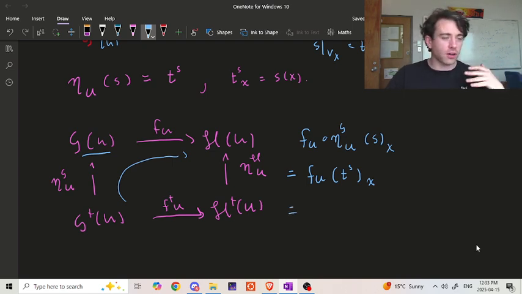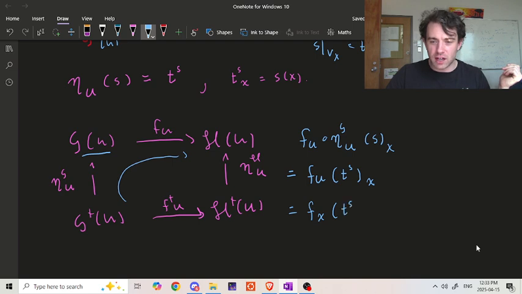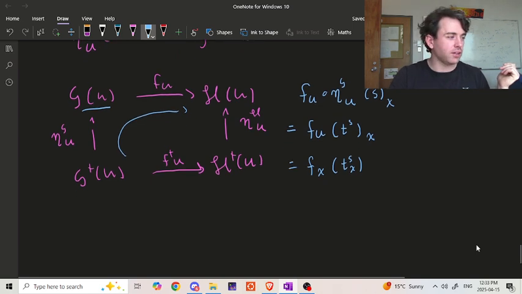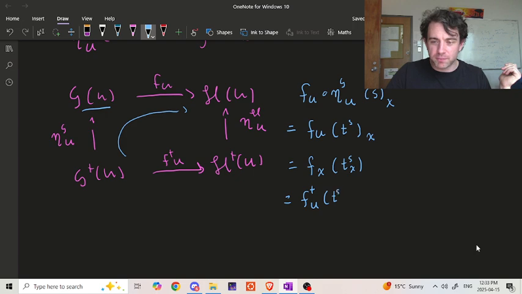But again, using all of our compatibility nonsense, this is F sub X at TSX. But TSX, well, this map is also the same as applying the map f plus u to the section TS, and evaluating this.